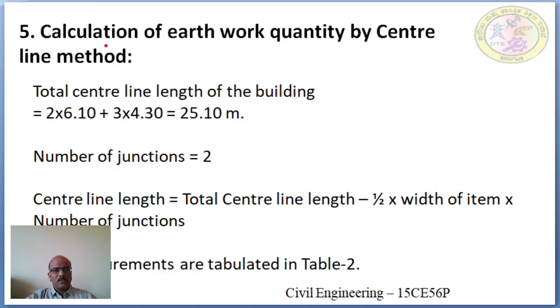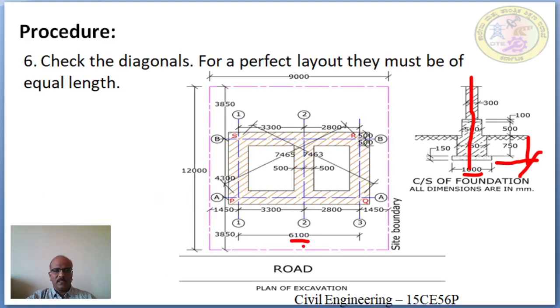And next is to calculate the earthwork quantity by centerline method. In the centerline method, we are going to calculate the total centerline length of the building. There are 2 long walls of 6.1 meter and 3 short walls of 4.3 meter. Earlier we have calculated the centerline length of long wall and short wall.